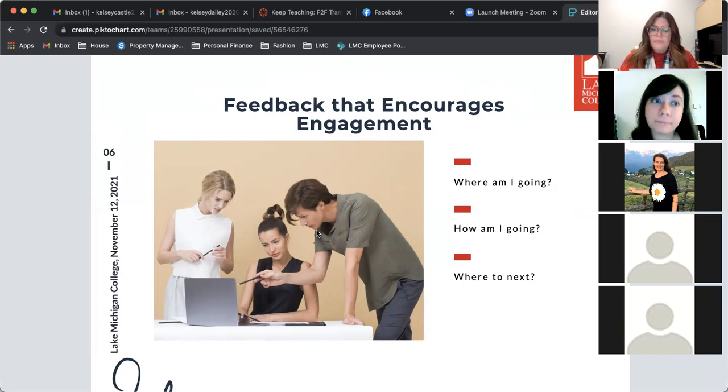So where to next, the feedback question. This question is considered to be what they called a feed forward question rather than feedback. The question led to the greatest gains from the first to the final assignment. And the two other questions, where am I going and how am I going, did a slight improvement in student responses and engagement, and should still be valued, but it's really that where to next question.